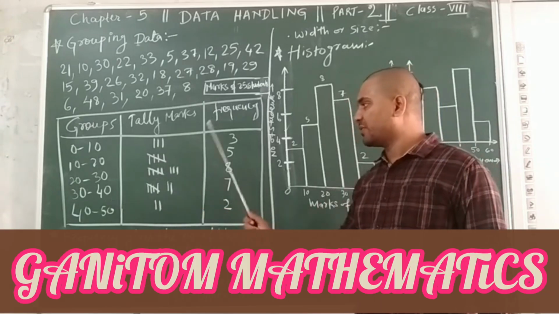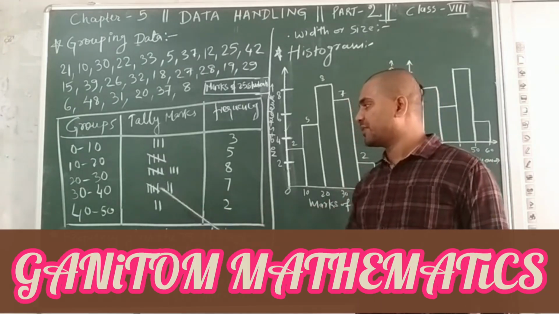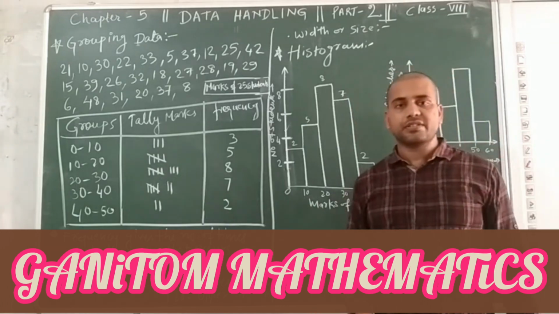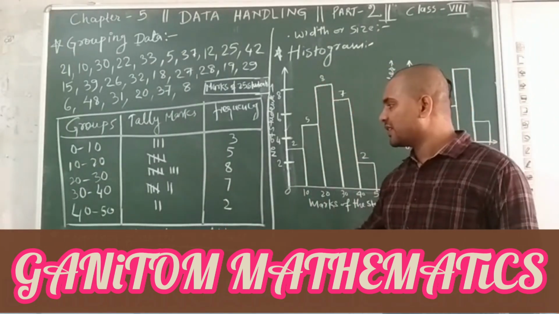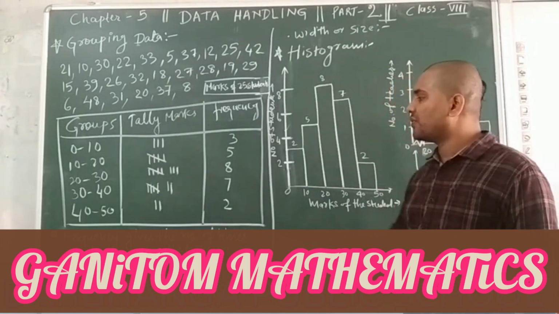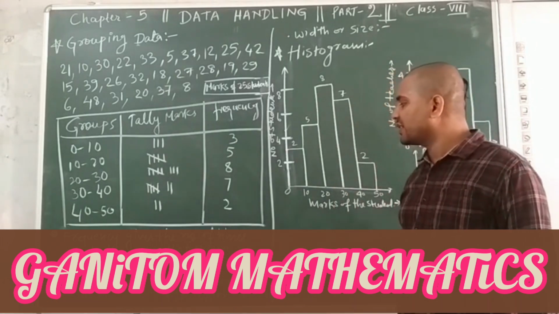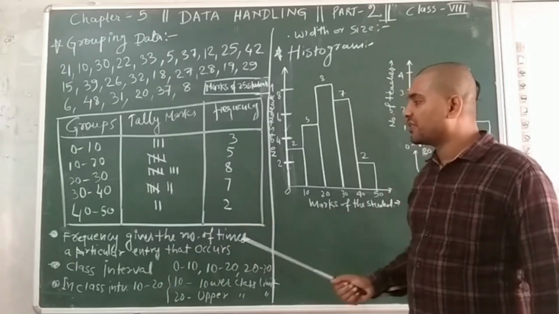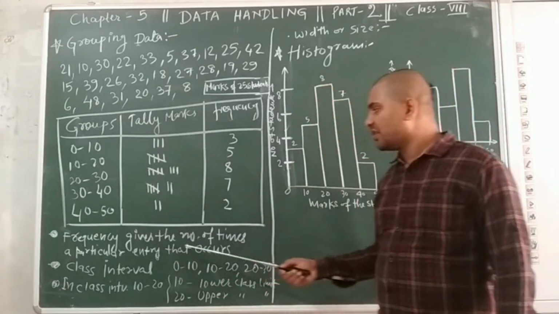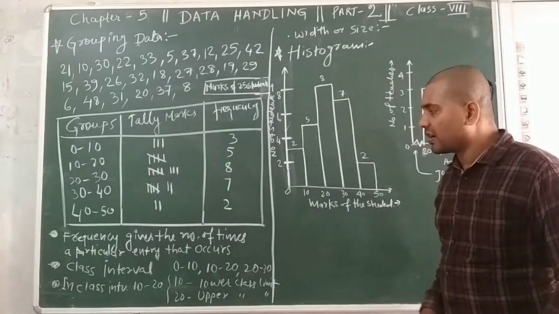Similarly for 30 to 40 we will count and write, and for 40 to 50 we will count and write. This is frequency. Again I will define that frequency gives the number of times a particular entry occurs.